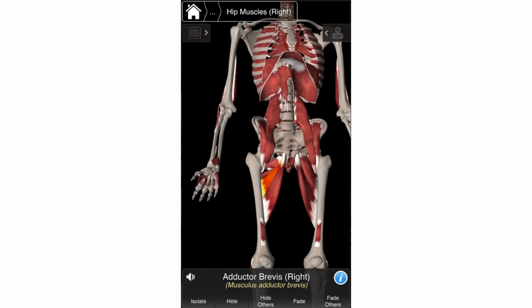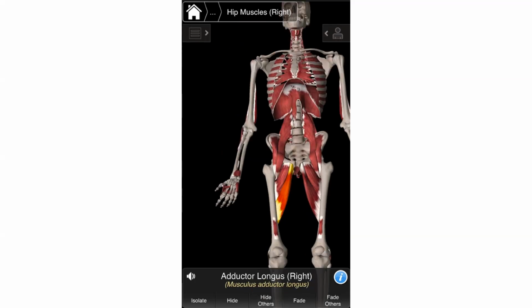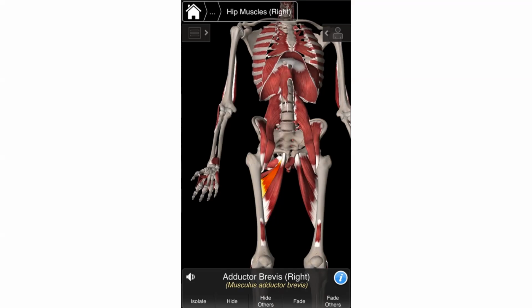Then we have our Adductor Brevis. So one of the things for Adductor Brevis is that you can tell, if I back up a slide, we had to take off Adductor Longus and pectineus. So you got to remove enough muscle layers to be able to find it. So Adductor Brevis, the origin is the body and inferior ramus of the pubis, also inserts on the linea aspera, but it is proximal to the Adductor Longus.